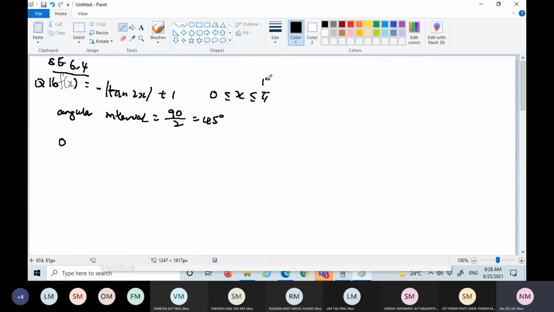This pi is only 180 degrees. So x is 45, 90, then 135, and then 180.